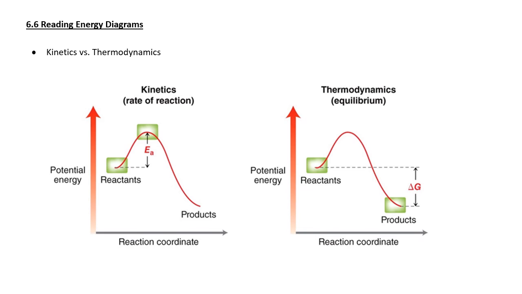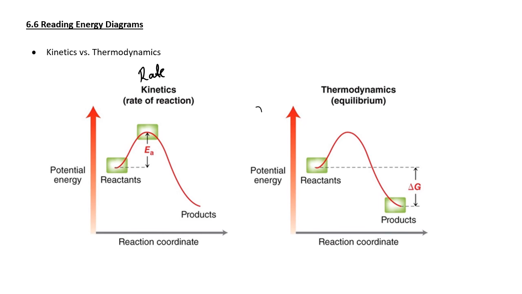Okay, so in the last section, 6.6, we'll discuss a little bit more on reading these energy diagrams. We want to look at a potential energy diagram from the kinetic viewpoint and the thermodynamic viewpoint. Remember, kinetics is the speed of a reaction. That talks about rate.